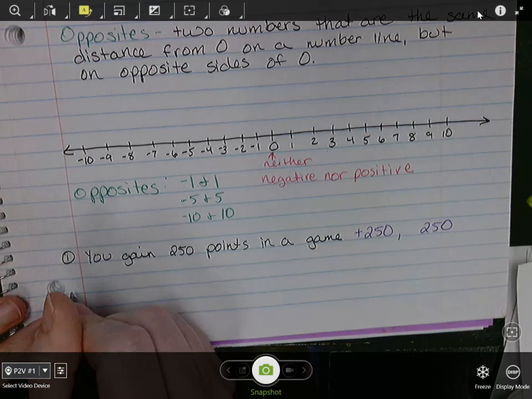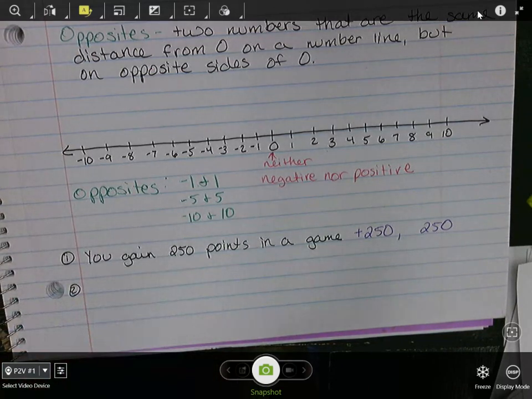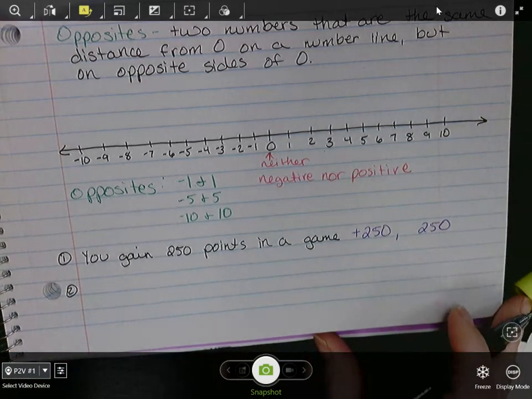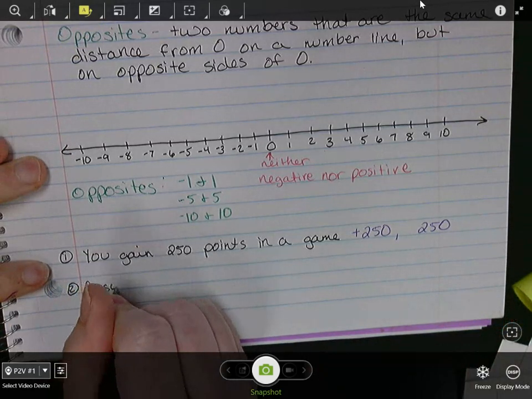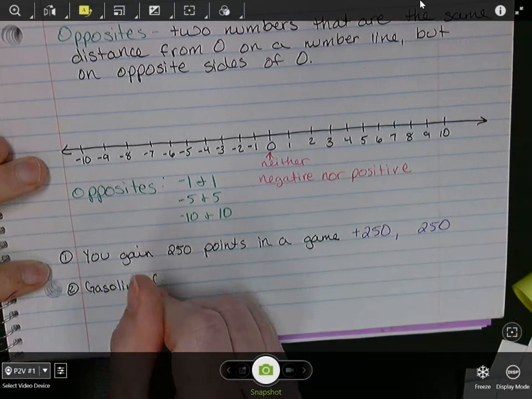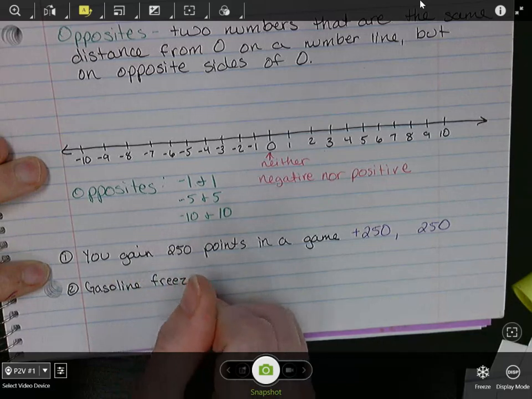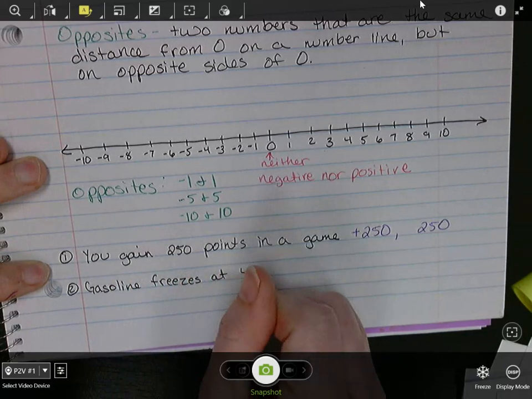Okay. Another example of whenever you use positive and negative numbers in real life situations, an example would be that gasoline freezes at 40 degrees below 0.